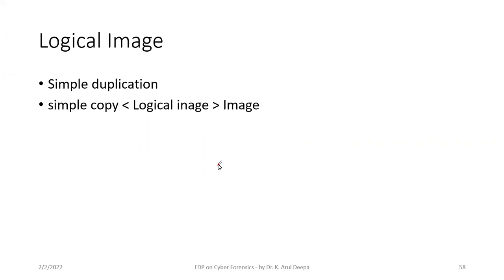Next is logical imaging. Logical imaging is more or less simple duplication, simple copying, but it is a little better than simple copying. There are situations where you know about the file, you know the specific file names. At that time you can go for logical imaging. Only that particular file alone can be taken with you.